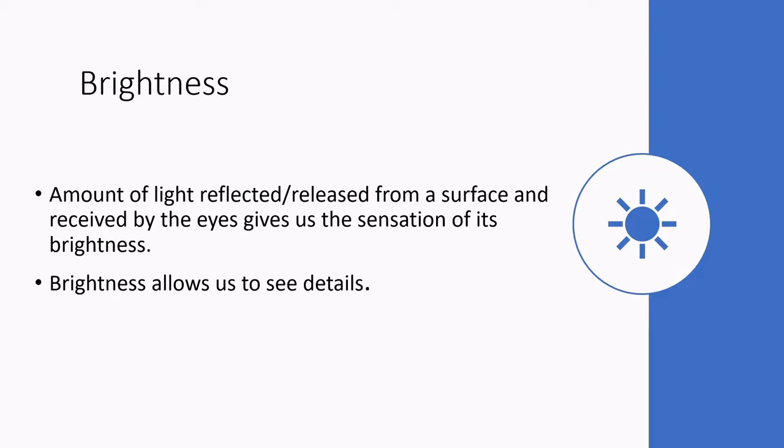Here we are going to talk about brightness. The amount of light reflected or released from a surface is called the brightness, and this brightness allows you to see the details of a surface.